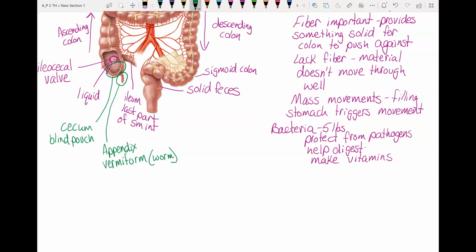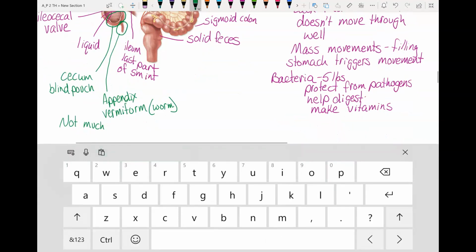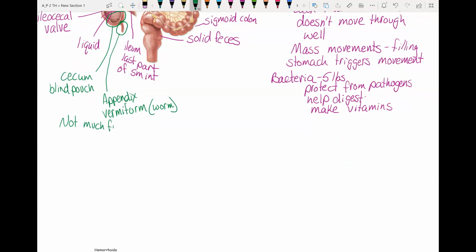So in humans, the cecum and the appendix don't really have much of a function. The appendix especially is just full of bacteria.